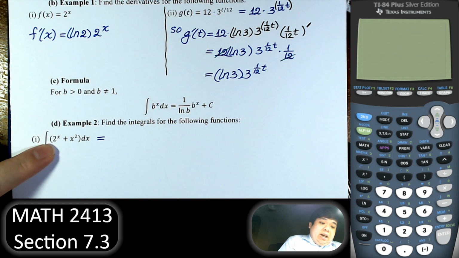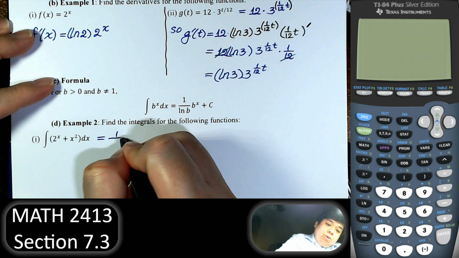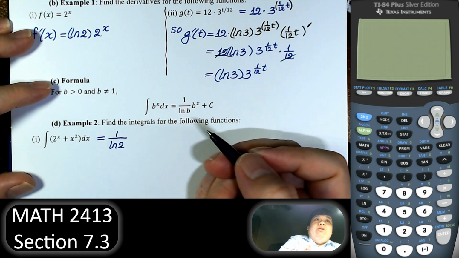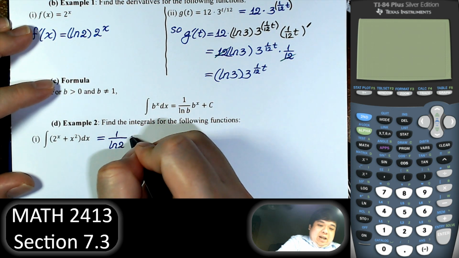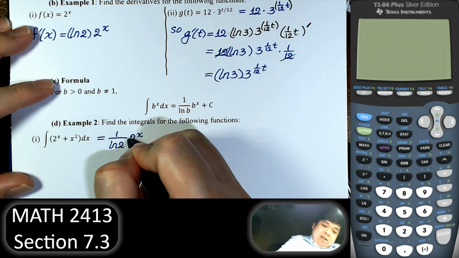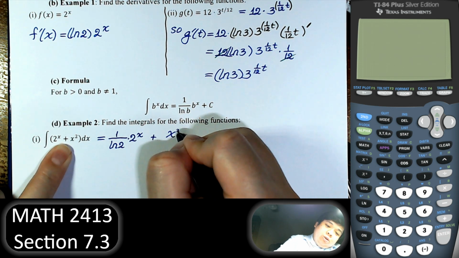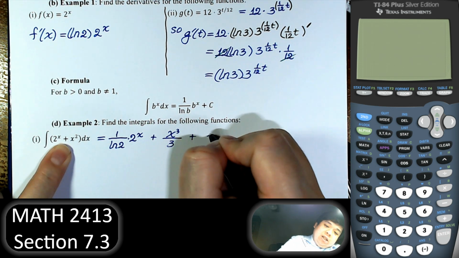So here, the integral of 2 to the x, well, the base is 2. So 1 over ln of the base, and then 2 to the x, same thing. X squared though is the power rule, x cubed over 3 plus c.